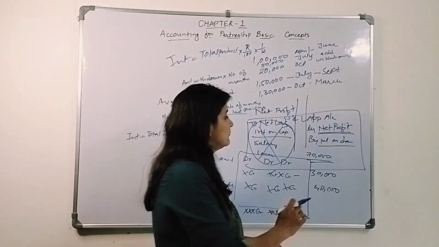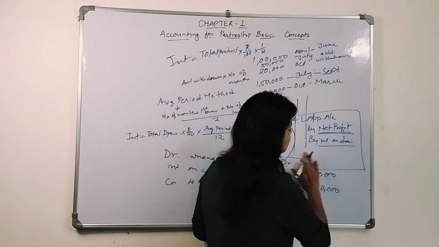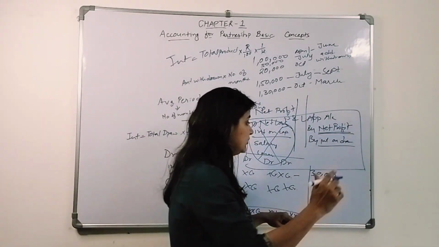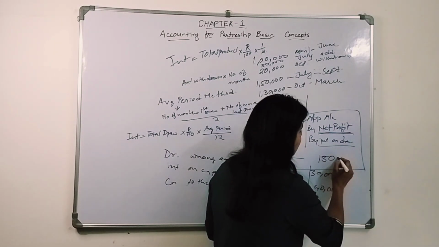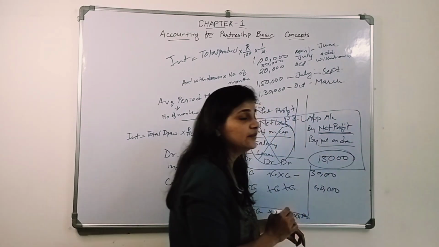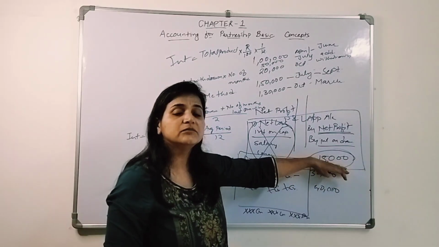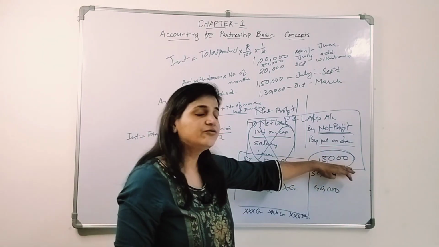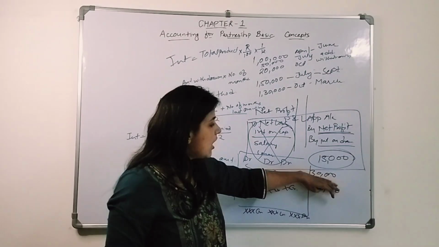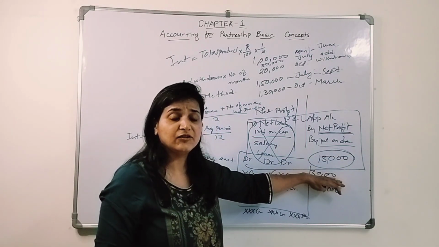But what if the firm does not have an adequate profit? Let's say the firm earns a profit of 15,000. How much interest are they supposed to give? 30,000. But the profit of the firm is only 15,000. Now how will that 15,000 be shared as interest on capital?